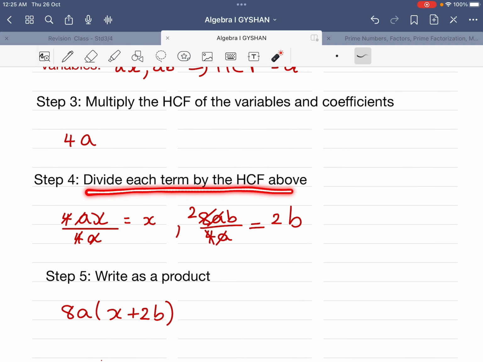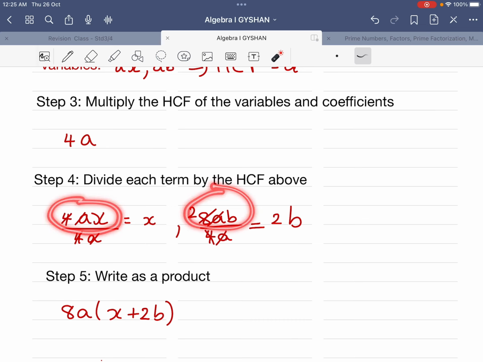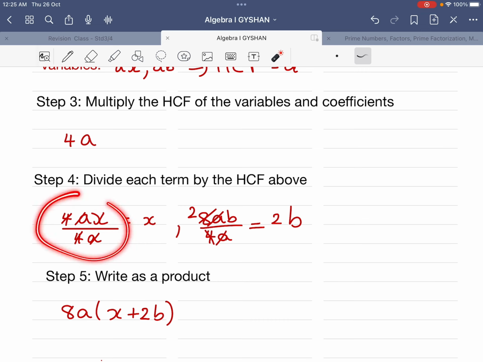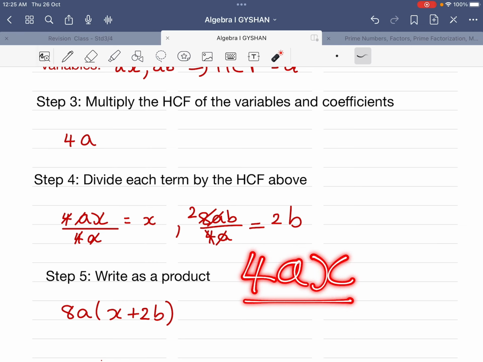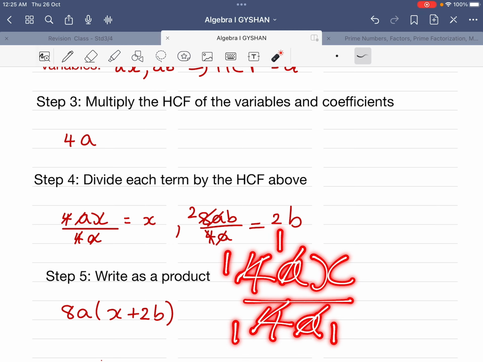Divide each term by the HCF above. So we were given 4ax plus 8ab. So we divide 4ax by 4a. We can say 4 into 4 is 1. A into A is 1. So we will remain with x for the first term.